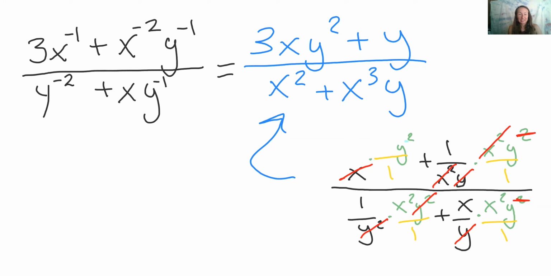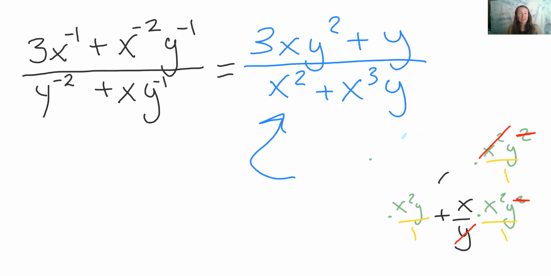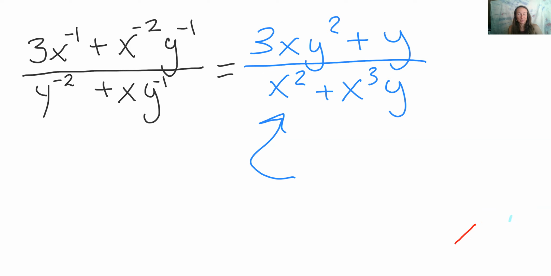Now our very last step is to try to factor this. And once we factor, then we'll see if we can do any final simplification, and then we'll be done simplifying this expression. So when you look in the numerator, you see that both terms have a factor of y. And in the denominator, both terms have a factor of x squared.